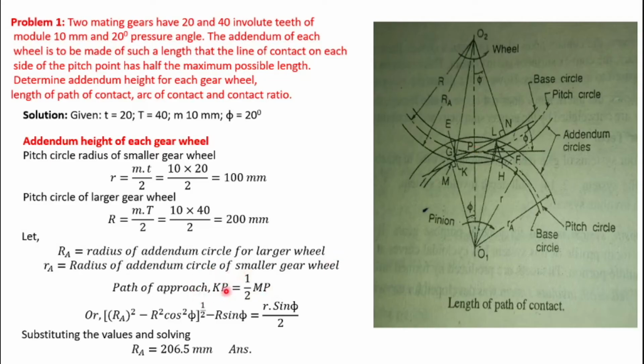The formula for KP we have already derived, and MP is equal to r sine phi. We have already derived the formula. So by solving this equation, we can get RA equal to this much, and this is the radius of the addendum circle of the larger gear.